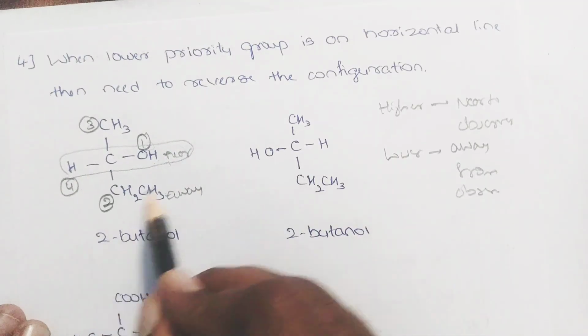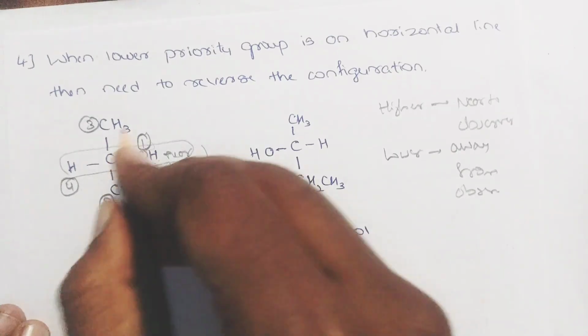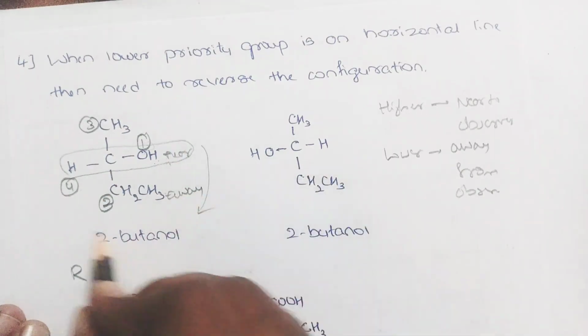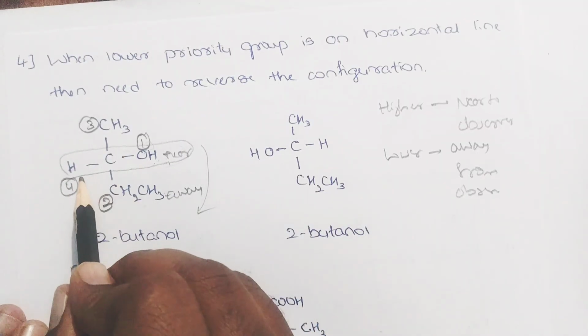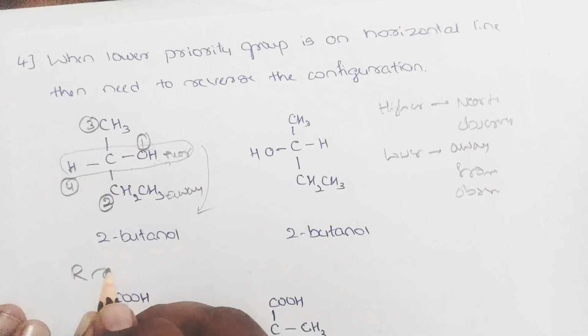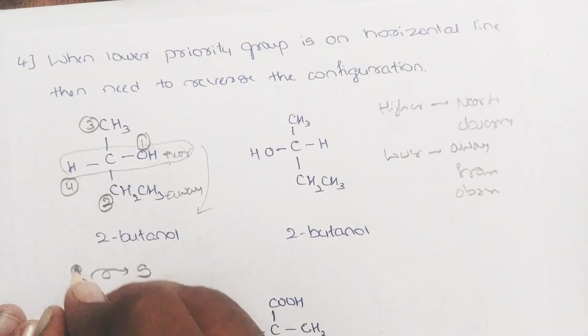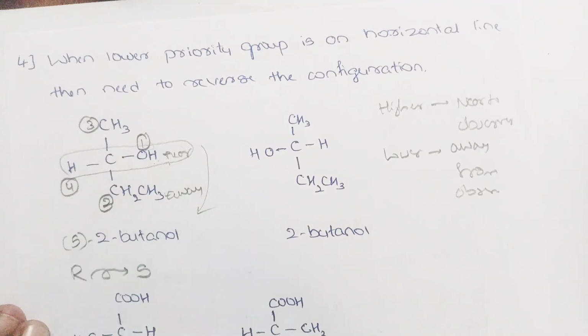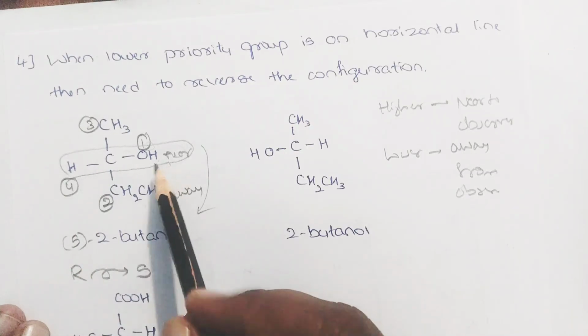The actual configuration is R, because 1, 2, 3, 4 is to the right side, but the lower priority group is on the horizontal line, hence we need to reverse the configuration to S. Hence this is S-2-butanol, not R-2-butanol, because the lower priority group is on the horizontal line.